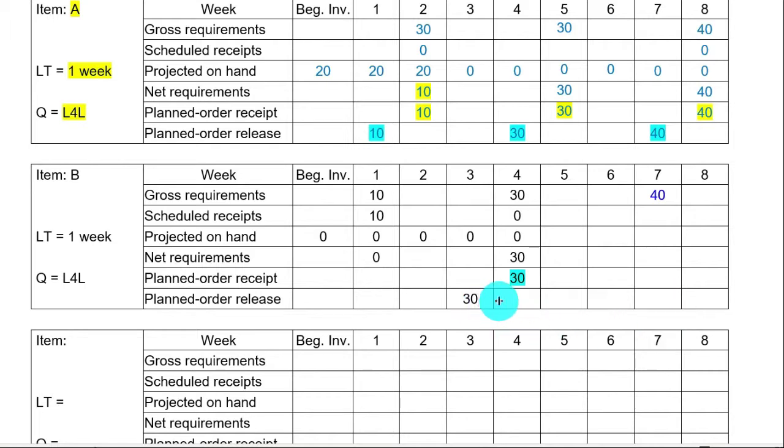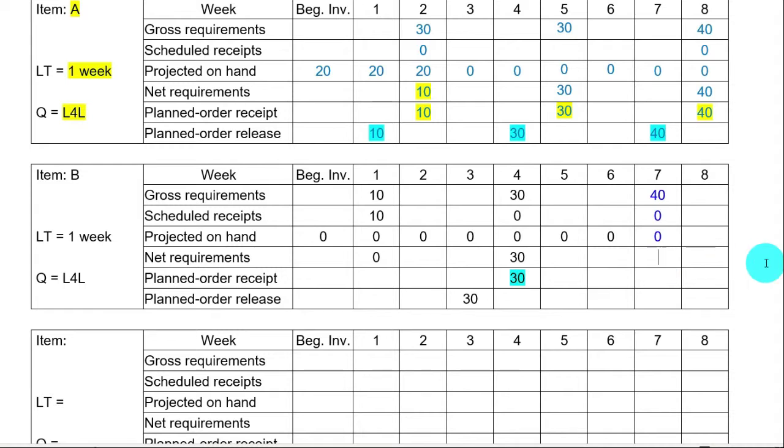Okay, next let's determine week 5 and 6 on hand. So in week 4, 30 arrive, you use 30, so on hand is 0, right? You don't have any left. 0, 0. In week 7, gross requirement is 40 minus 0 on order minus 0 on hand.